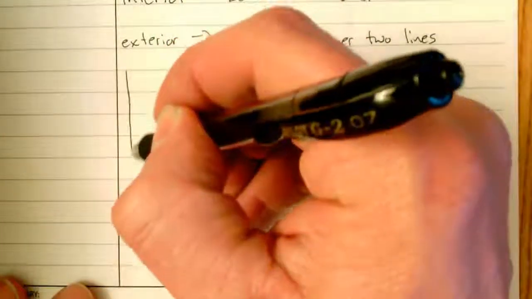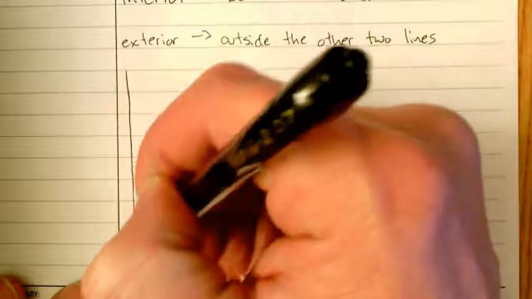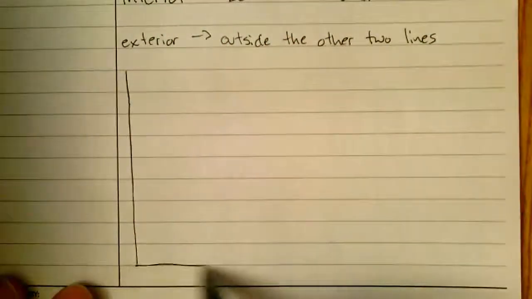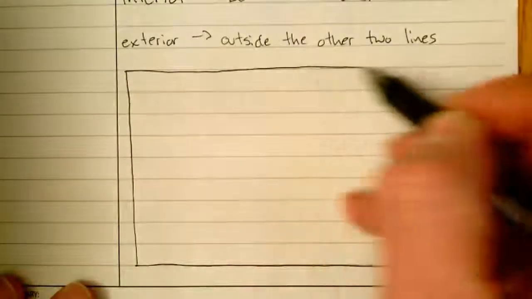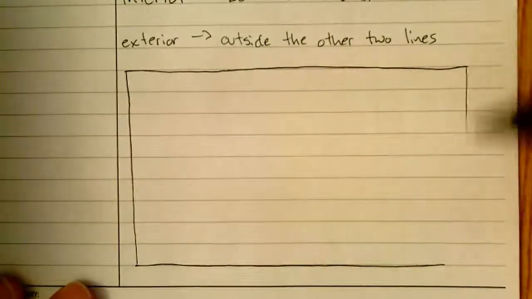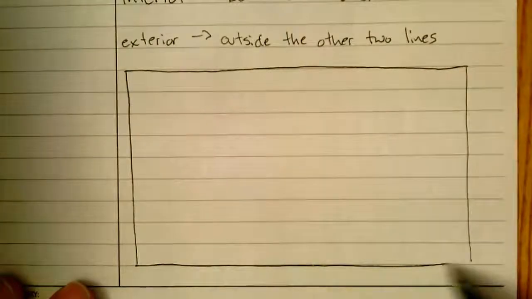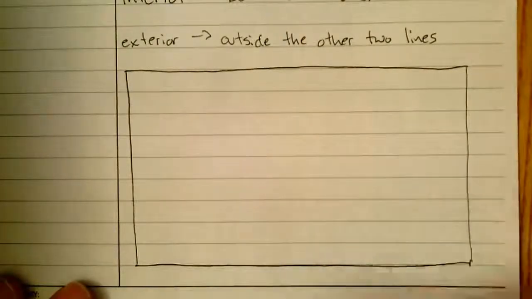Make a little chart here. I want my chart to be kind of even. Now, I'll make a big box here. I'm going to put 3 columns and 3 rows.